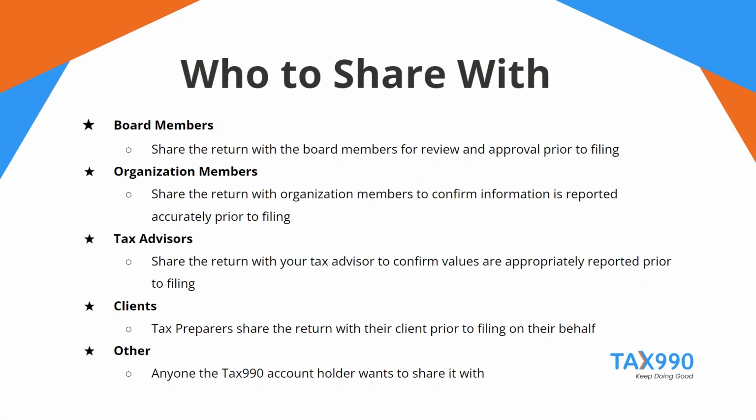If your organization has an in-house tax advisor that they use and you need some confirmation from your tax advisor, you can share it with them as well. We do have a lot of people that do that. Really, the opportunity to share the return is endless. Anybody that you feel necessary as the Tax 990 account holder, you can share that return with. You'll only need their email address to be able to send it to them, and then they'll need the EIN to access it. But again, we're going to go through that here in just a little bit.